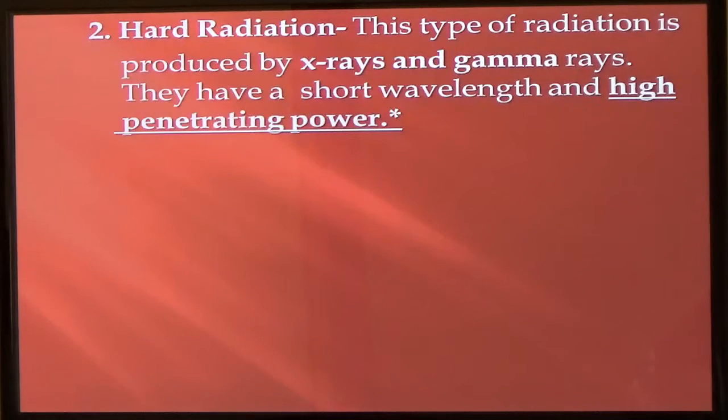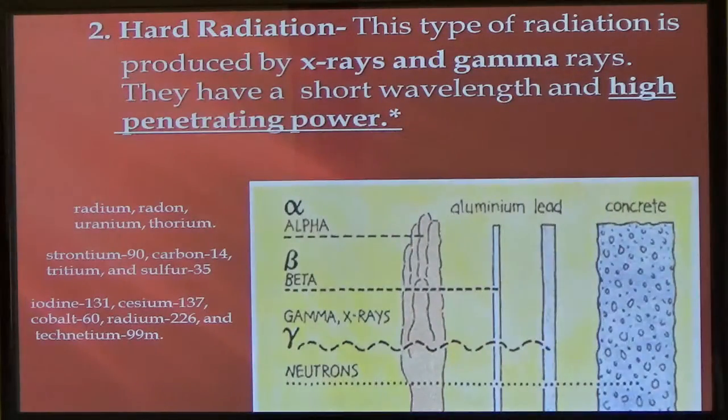Then we have hard radiation. This type of radiation is produced by X-rays and gamma rays. They have short wavelengths and high penetrating power. Hard radiation is very rapid. Alpha particles are more in the environment, and some of these are medical radiation.